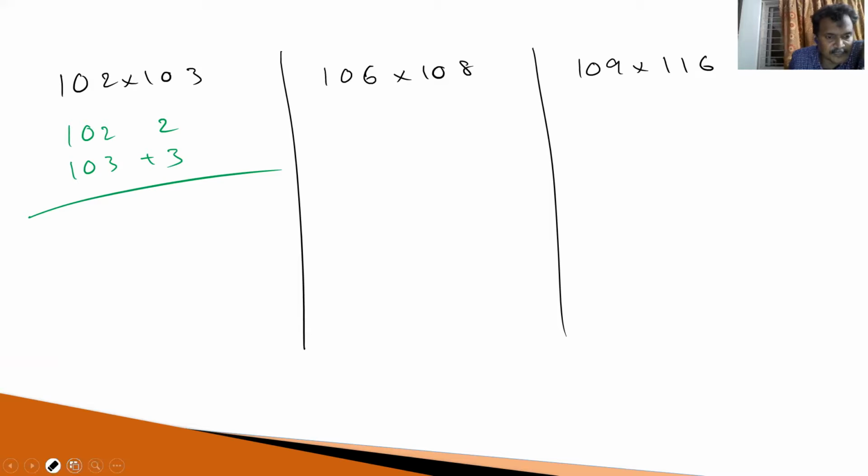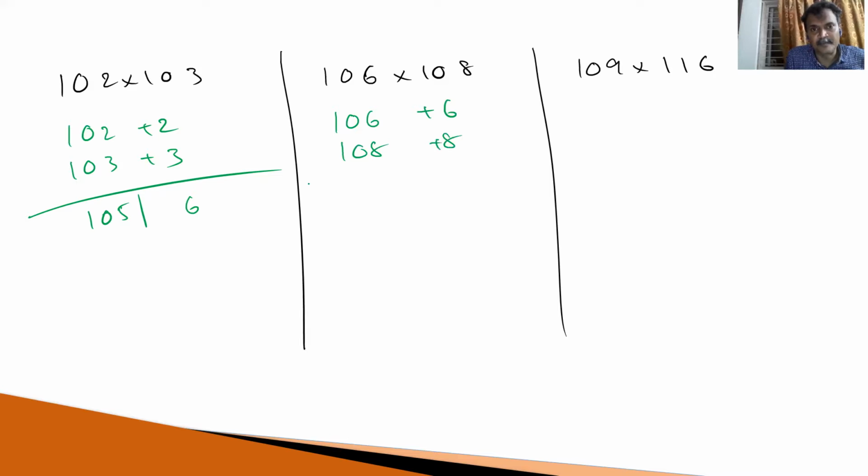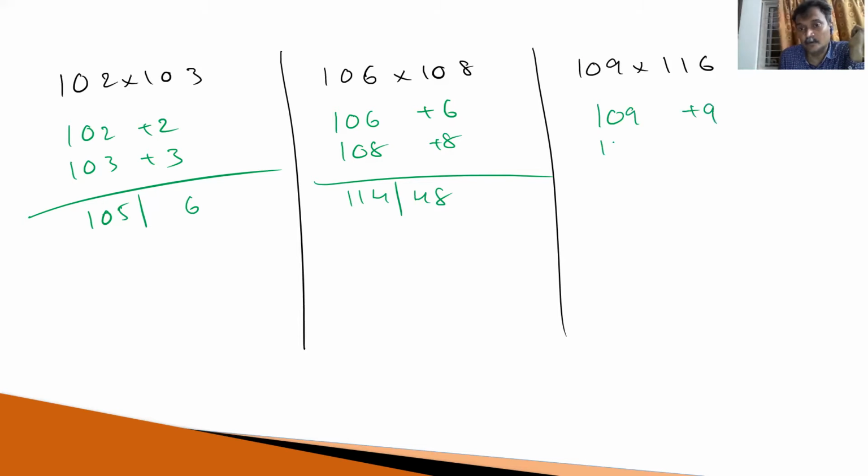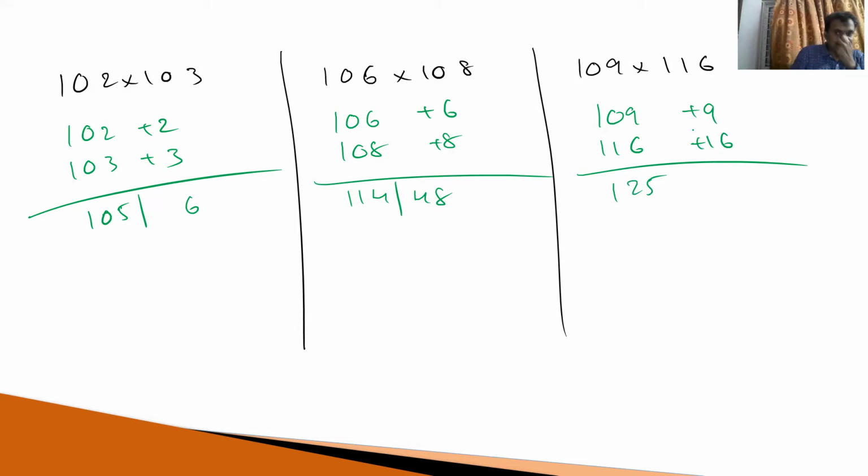Okay, what is the cross sum here? 102 plus 3, 105. 2 3 times, that is equal to 6. Okay, now come to this part. 106 plus 6, 108 plus 8. What is the cross sum? 114, and this is equal to 48. And 109 plus 9, 116 plus 16. So what is the sum? 125. What is 16 9 times? That is equal to 144.